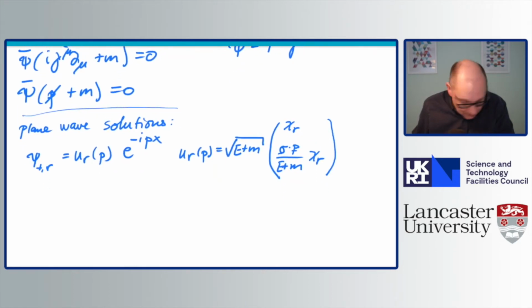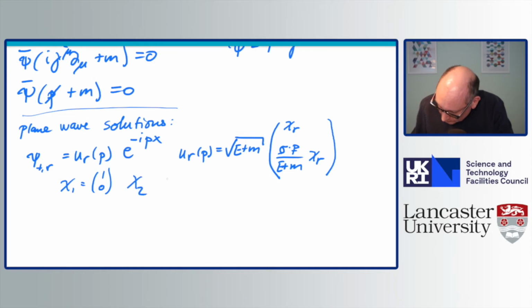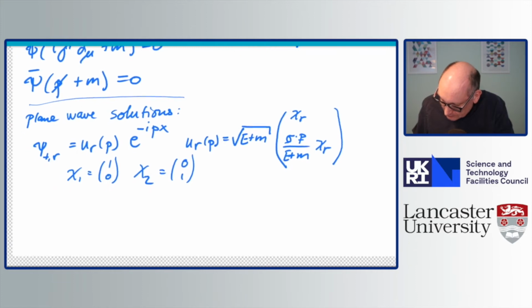Here, psi 1 is just (1, 0) and psi 2 is (0, 1). Spin up and spin down.